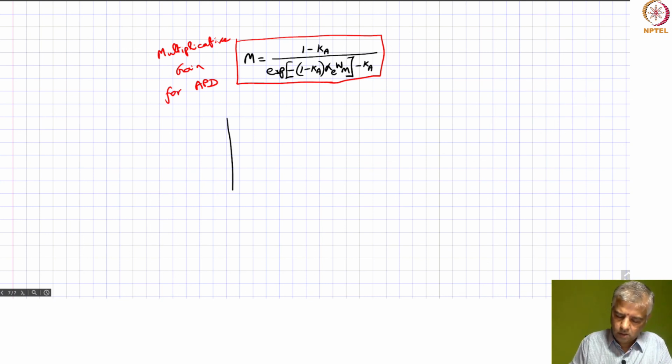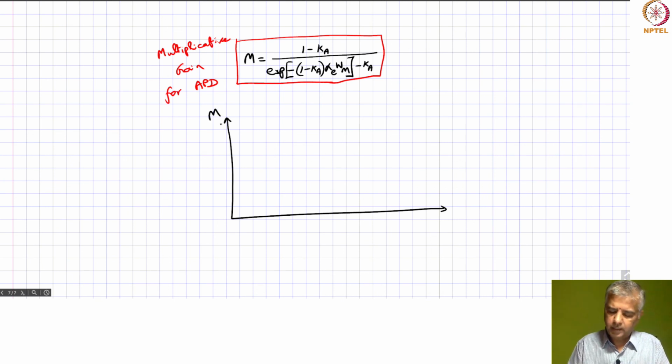On the y-axis, I'm looking at M, which starts from 1 and can go to 10, 100 and so on.